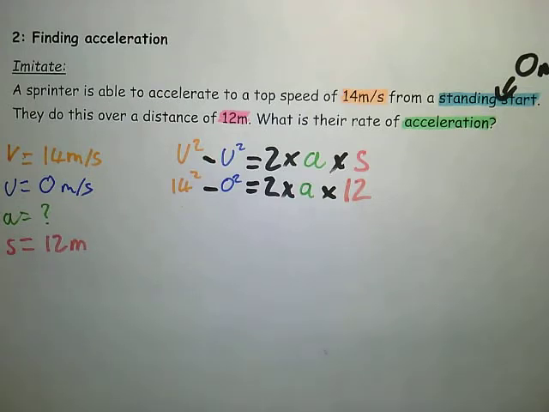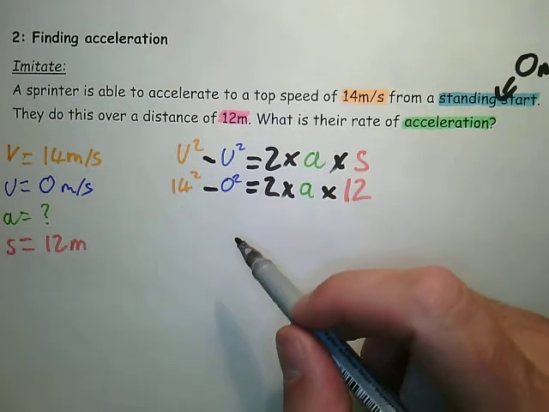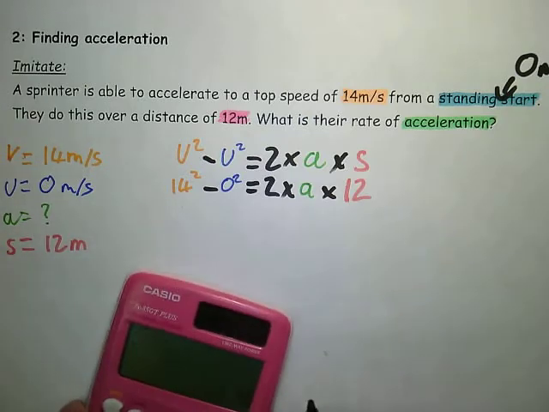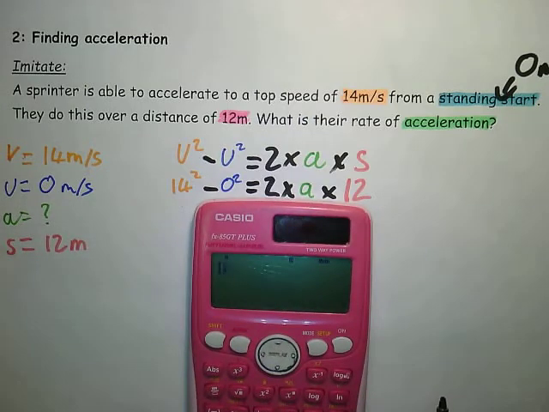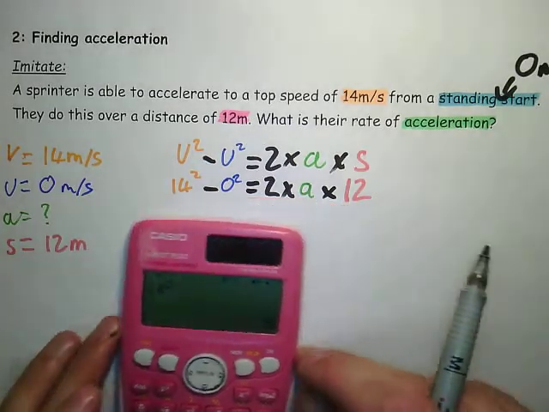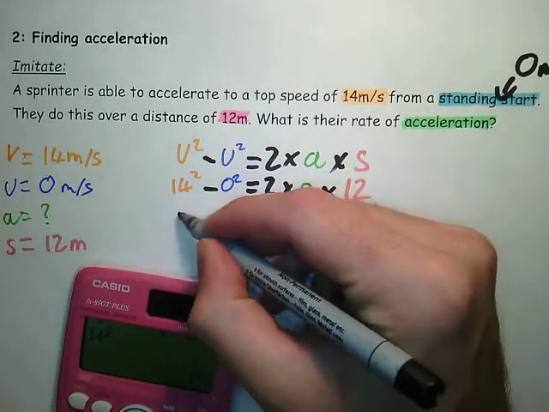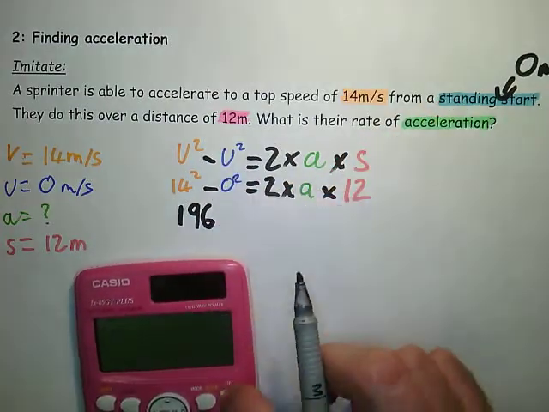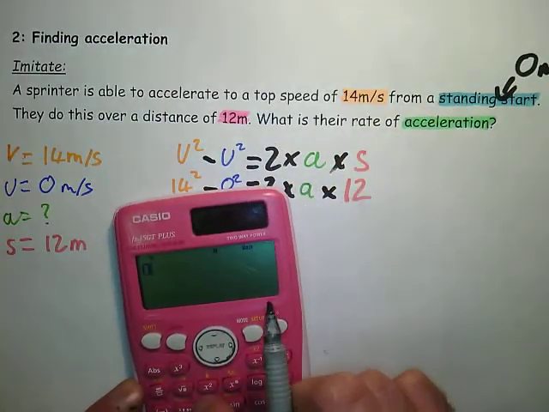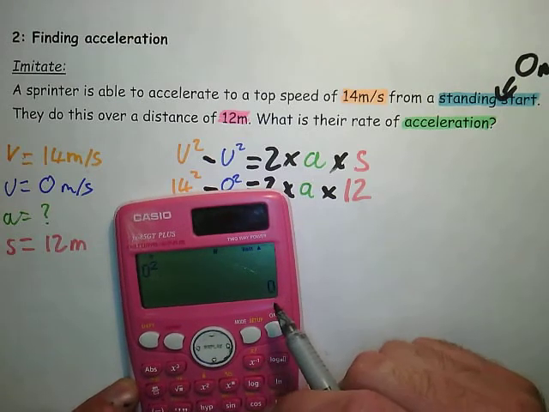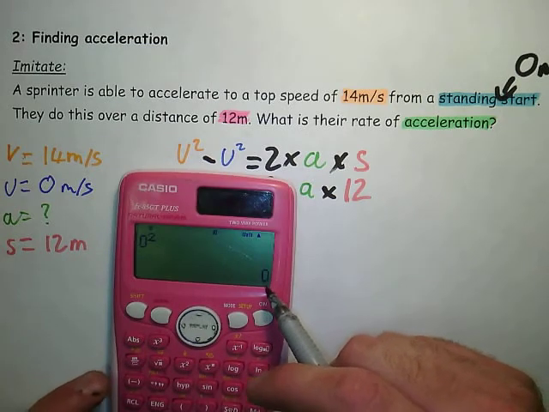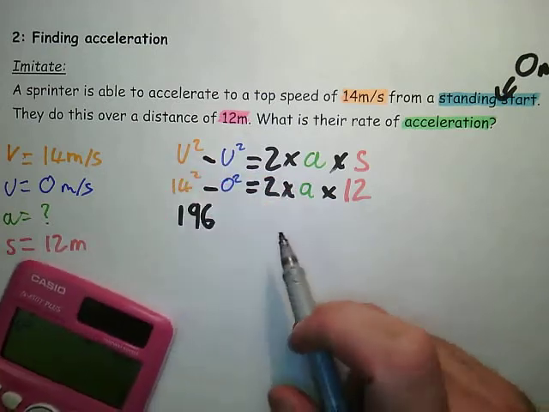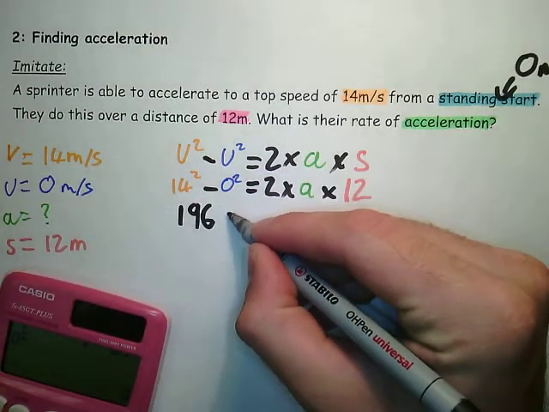Now we can start to simplify everything that we can. We can do the 14 squared straight away: 14 squared equals 196. Now 0 squared is 0, so we can just ignore that completely and go straight on to equals.